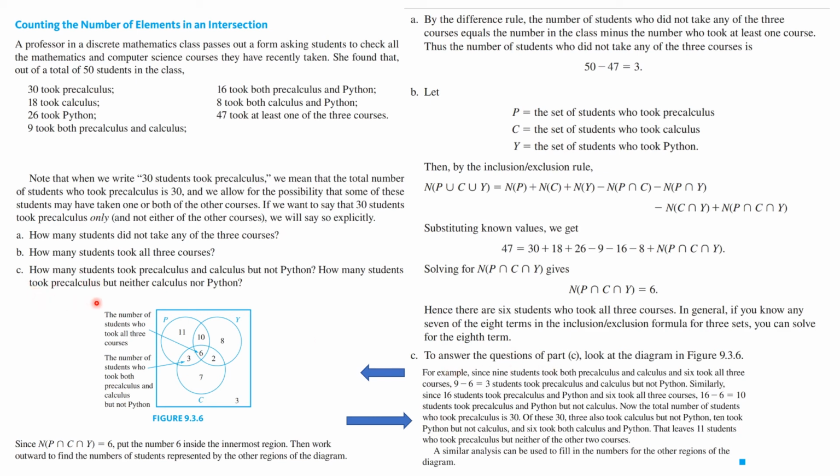Okay, so to answer the question in part C, we better look at what that is. How many students took pre-calculus and calculus but not Python? Okay, well, how many students took pre-calculus and calculus? So pre-calculus and calculus are going to be the 3 and the 6. Okay. How many students took pre-calculus but neither calculus nor Python?